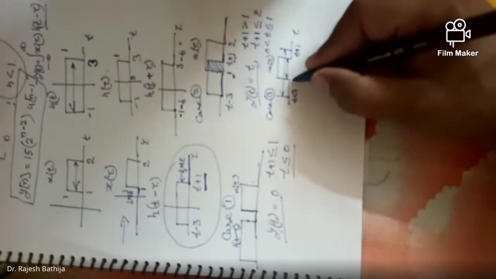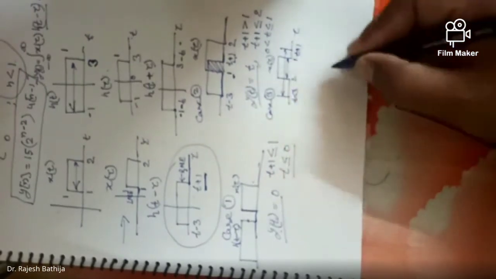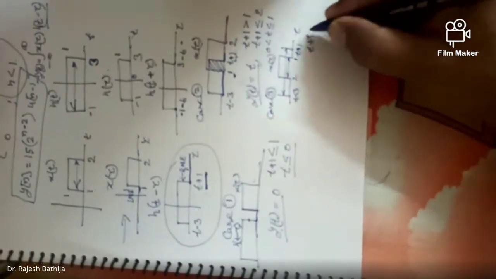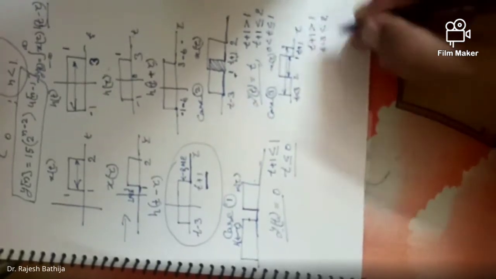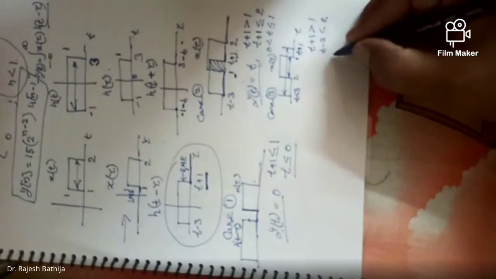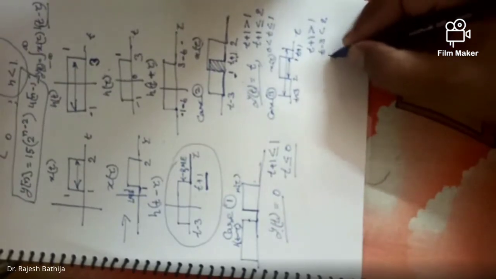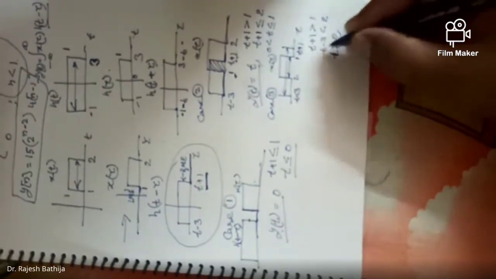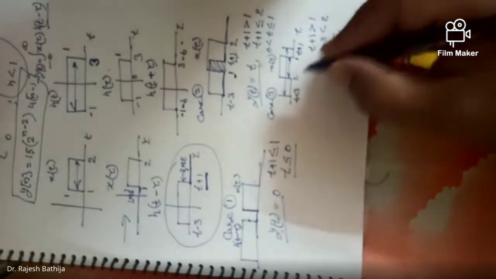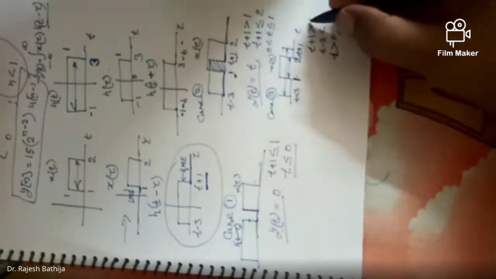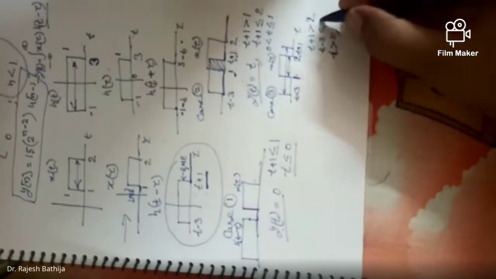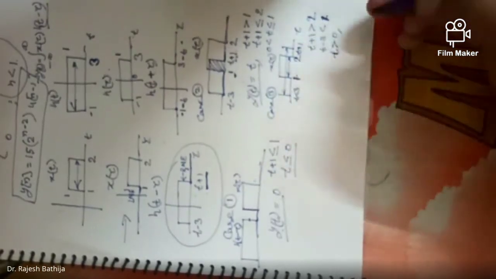In this case, what should be the condition first? Condition is t plus 1 should be greater than 1 and t minus 3 should be less than 2. So what is the condition here? Oh sorry, it should be 1 here and 2 here. So t plus 1 is greater than 2, but t minus 3 is less than 1. I have written it wrongly.